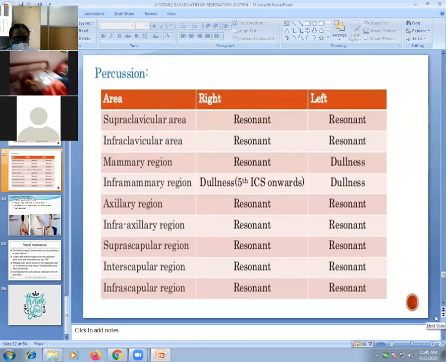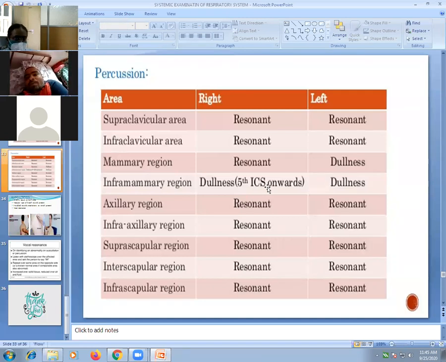In percussion, if the lungs are normal, you can write that there is resonant sound all over the chest. If the case is consolidation, you get a dull note over that area. If the case is pleural effusion, you get a stony dull note on the affected side.